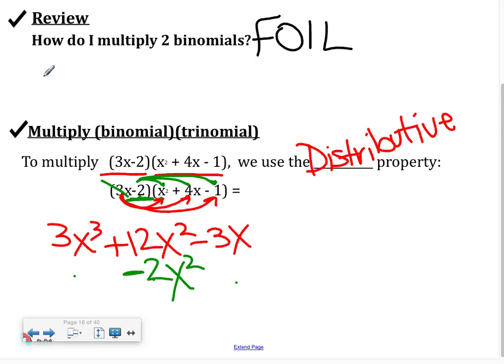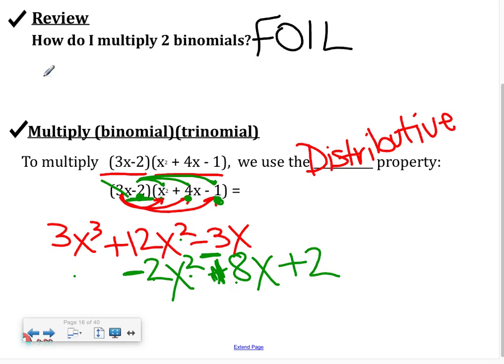And again, you can see I lined up that I have my x squareds together. I then am multiplying this negative 2 to the 4x. So I'm not going to get plus, I'm going to get minus 8x. Watch out for those positive and negatives. And then I have negative 2 times negative 1, and I'm going to now get positive 2.